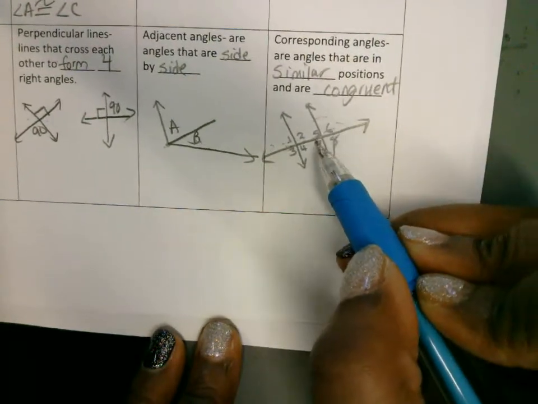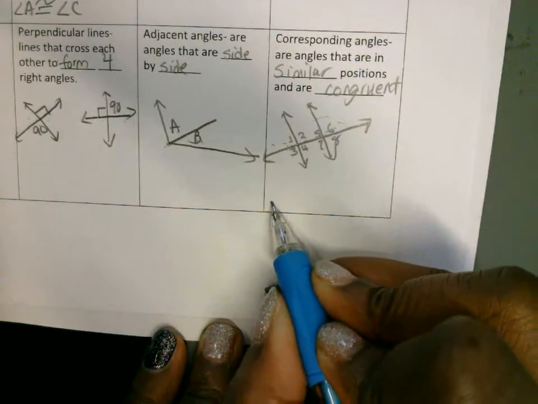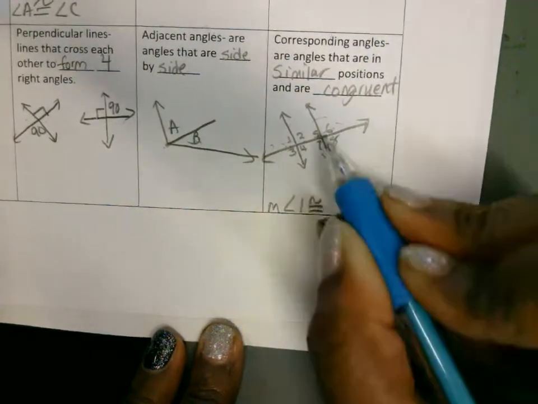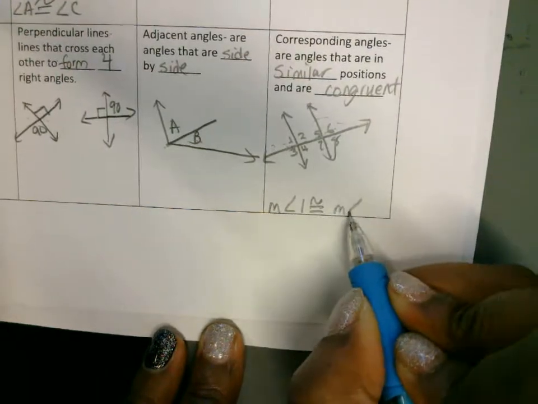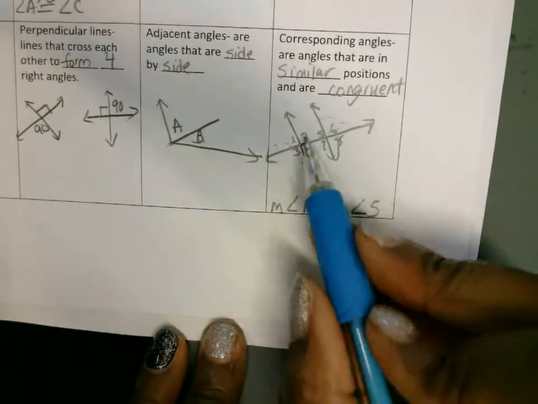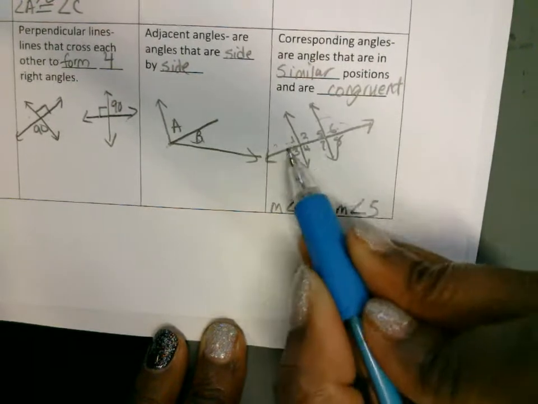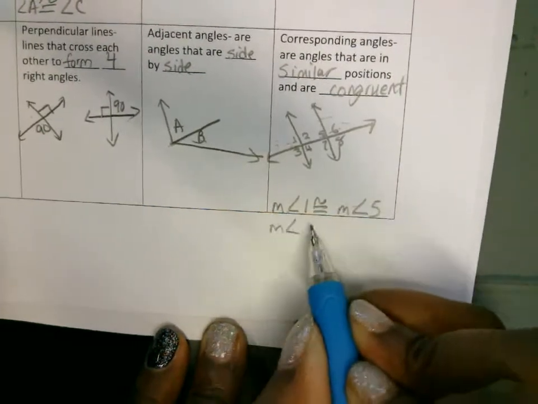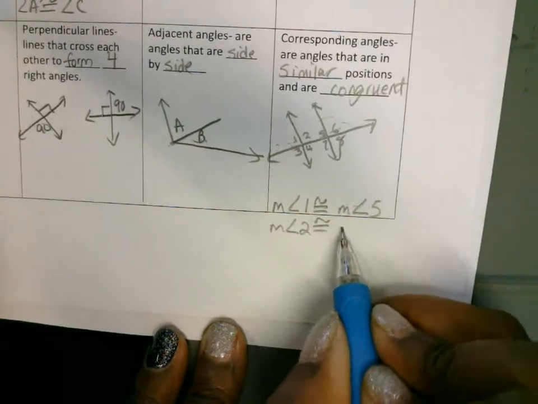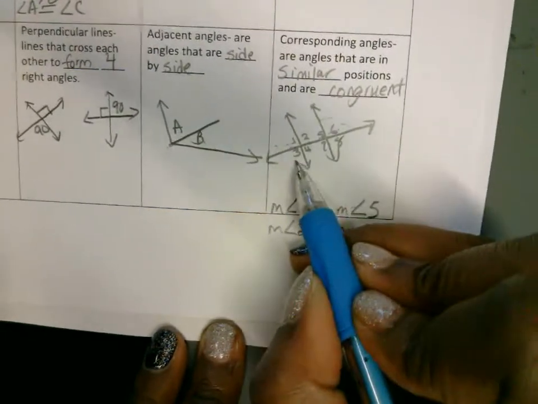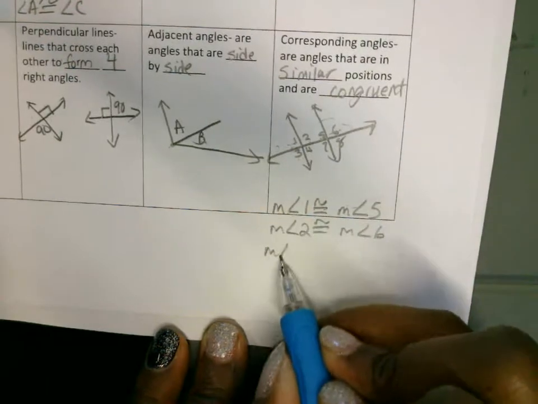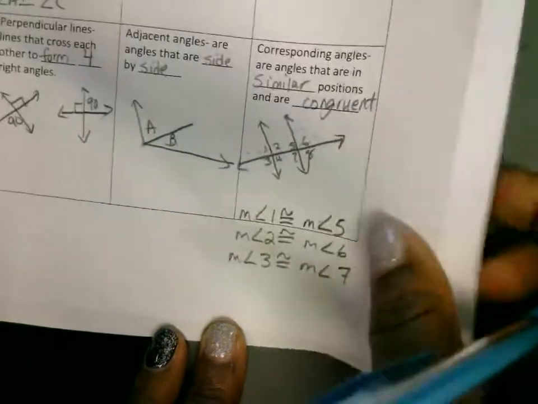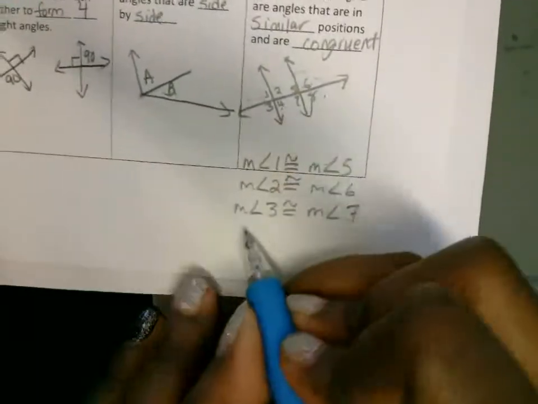So the measurement of angle 1 is congruent to the measurement of angle 5. Why? Because they correspond. 1 and 5 correspond. Then 2 and 6 correspond, then 3 and 7 correspond, then 4 and 8 correspond.